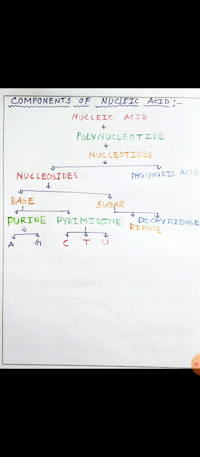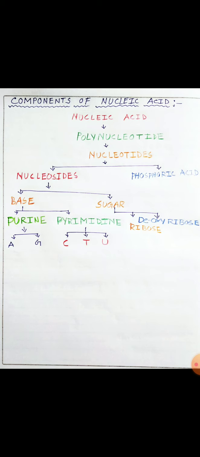To form polynucleotides of either DNA or RNA, nucleotides are linked together by a covalent bond between the phosphate group of one nucleotide and the 3' carbon of the sugar of another nucleotide. These 5' to 3' phosphate linkages are called phosphodiester bonds.